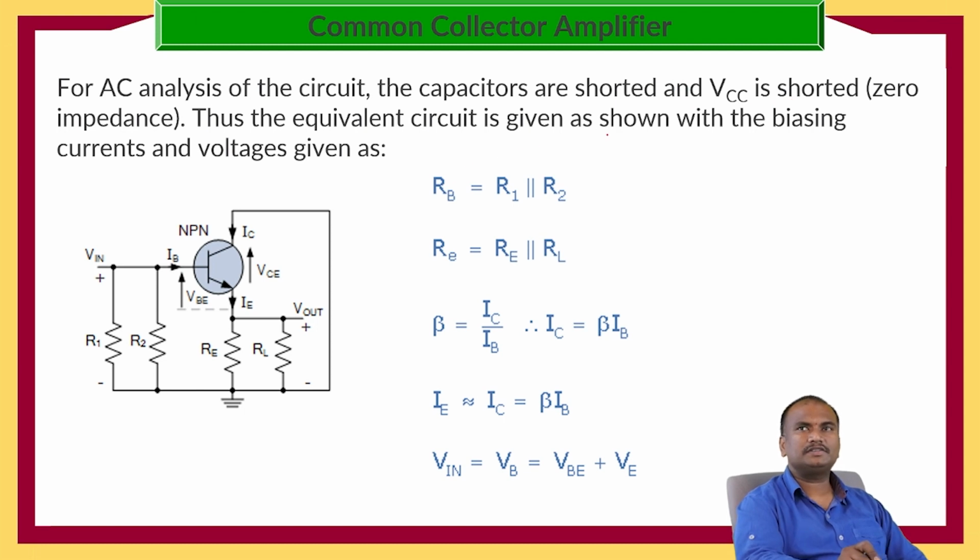Thus, the equivalent circuit is given as shown with the biasing and voltages given, where RB is equal to R1 in parallel with R2, and RE is equal to RE in parallel with RL, where beta is equal to IC by IB, from which IC is equal to beta into IB, where IE is approximately equal to IC is equal to beta IB, where V input is equal to VB is equal to VBE plus VE.